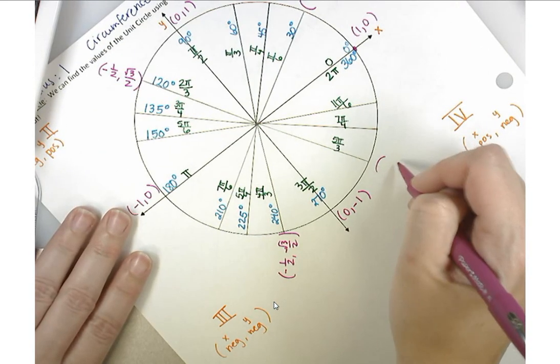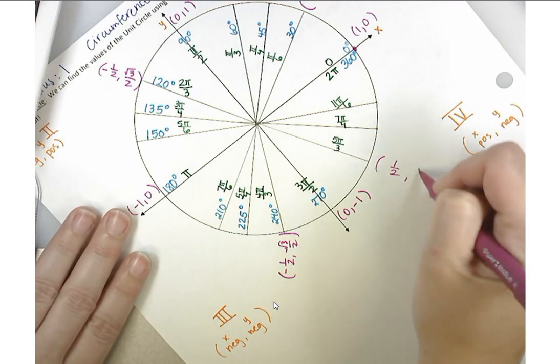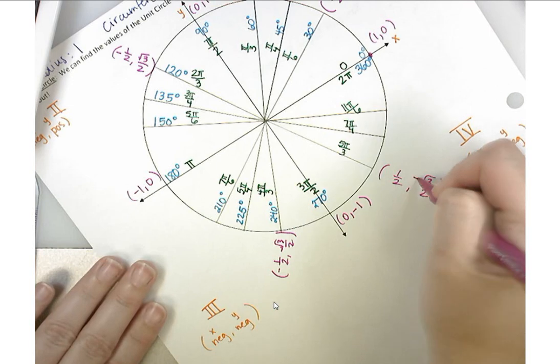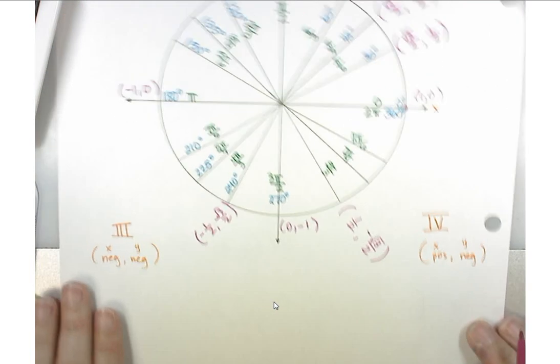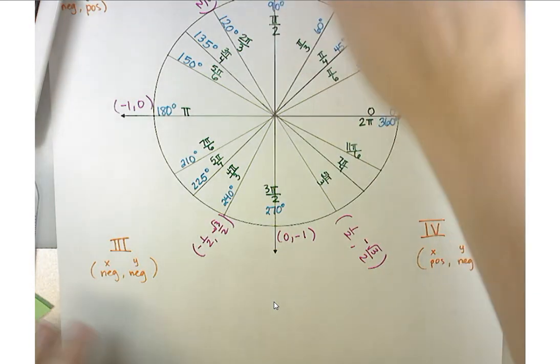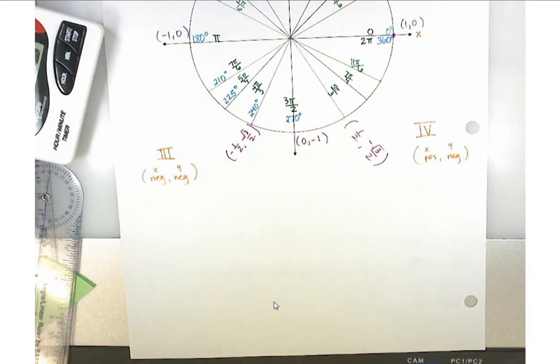So again, I have 1/2, root 3 over 2. And this is where my x is positive and my y is negative. So there you go. You can do that with all of your points, and I'll give you some time to do that in just a second.